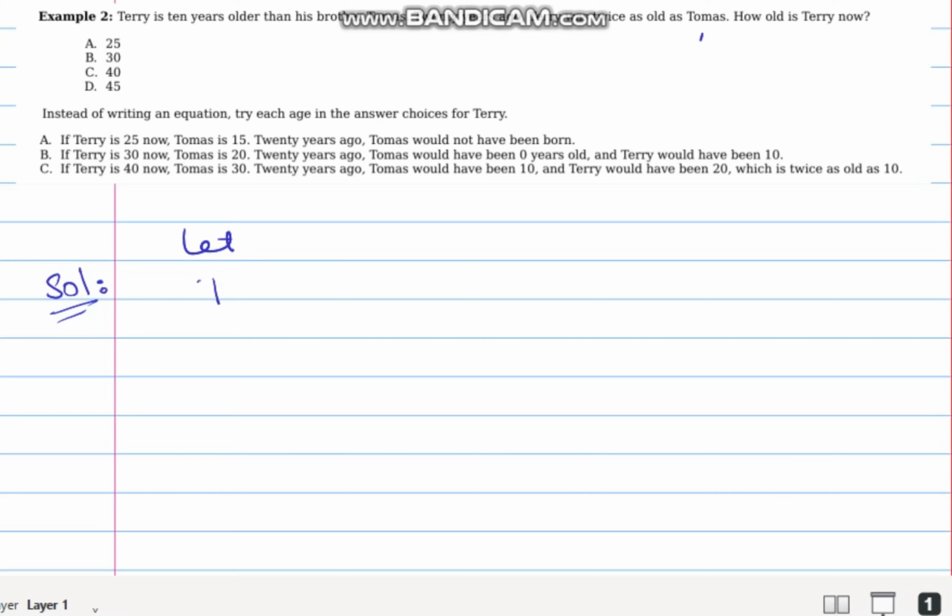Let Thomas's age be t, so Thomas's age is t. And what is the age of Terry? The question says Terry is 10 years older.